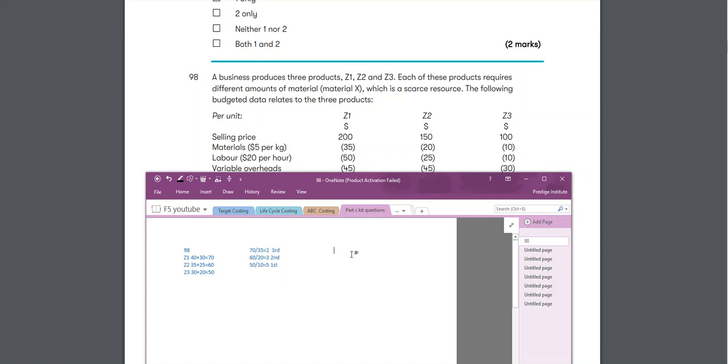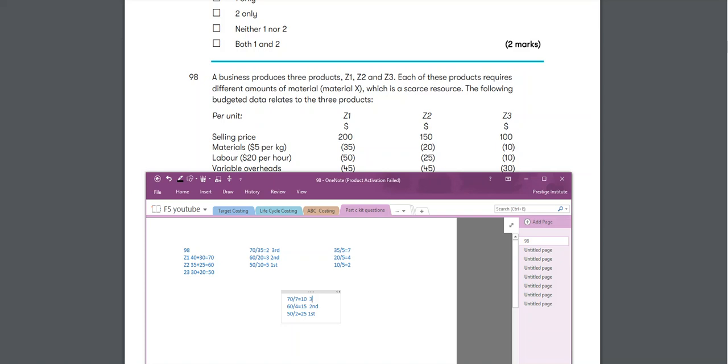So if I answer this question the right way, then I would find kgs, which is the cost divided by the price per kg. So now if I take the cost, 70 divided by 7 kgs, 60 divided by 15, and then 50 divided by 2. See, the ranking is still the same. Now this is accurate data. It tells us how much is the contribution per kg.